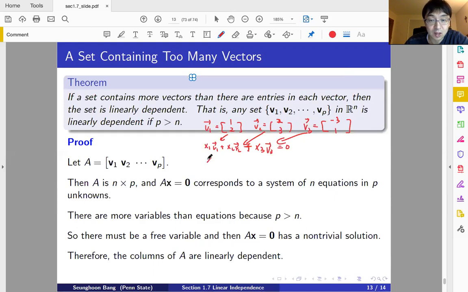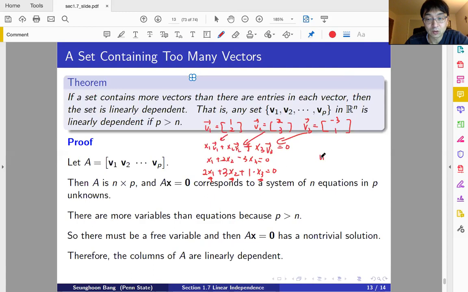The first equation is x1 plus 2x2 minus 3x3 equal to 0. The second equation is 2x1 plus 3x2 plus 1 times x3 equal to 0. How many variables? We have 3 unknowns.